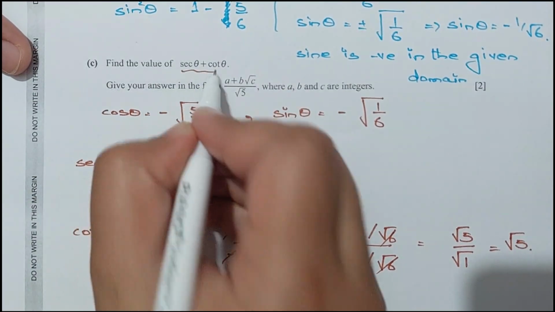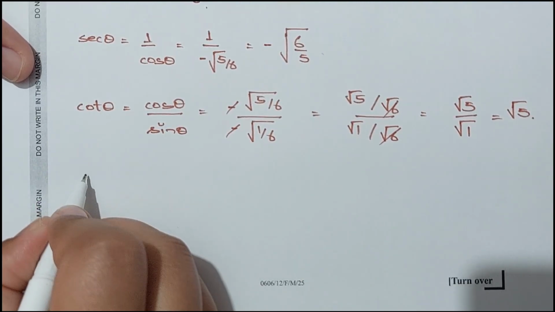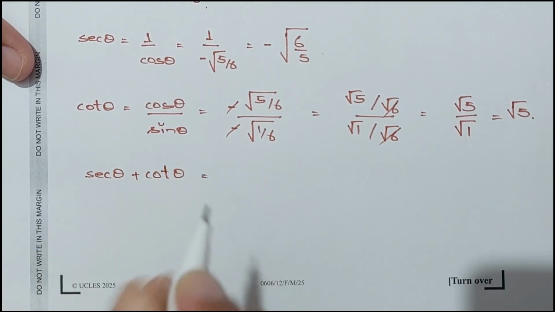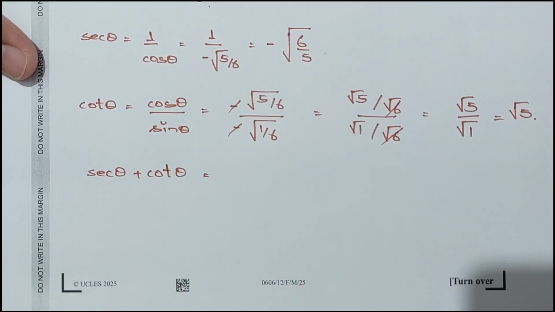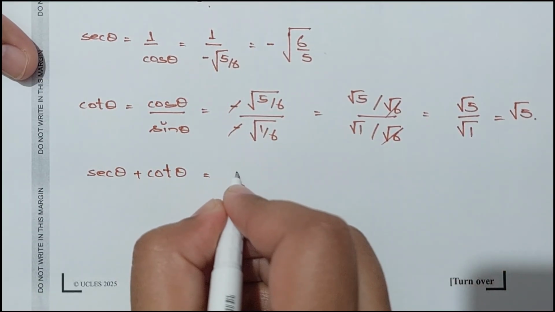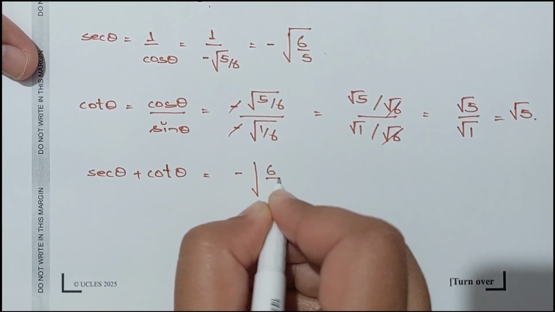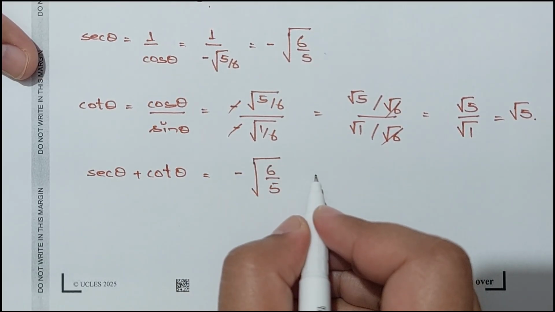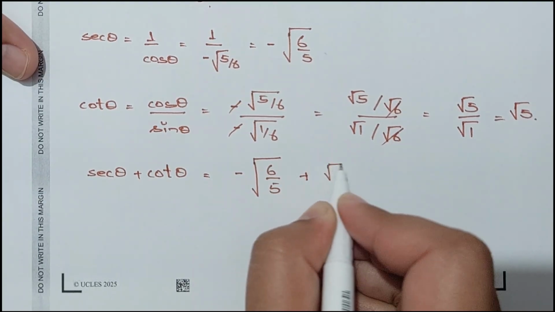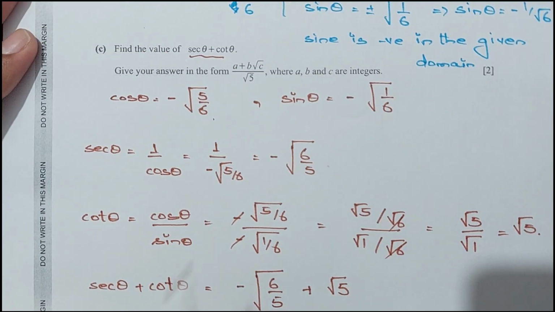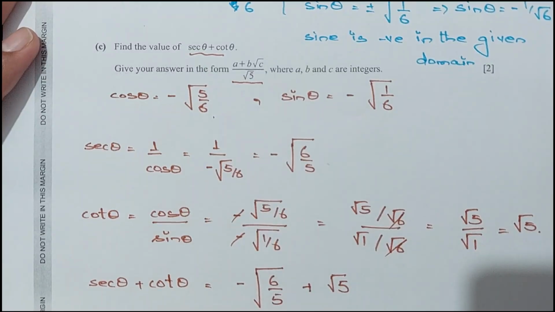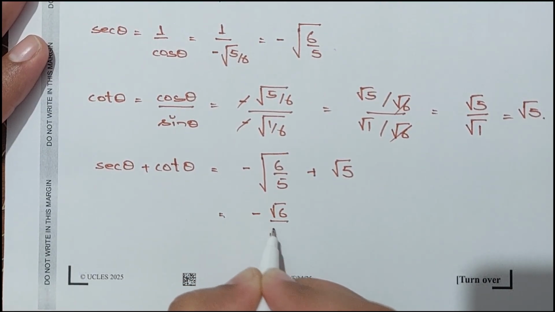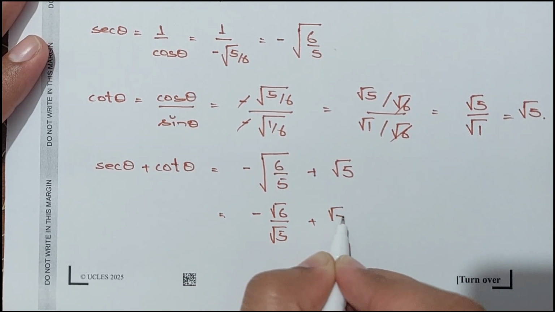Now we have to add them up. We have to solve secant theta plus cot theta. Here is secant, here is cot. So we have minus root 6 over root 5 plus the cot value, root 5. We have to convert it into the form a plus b root c over root 5.